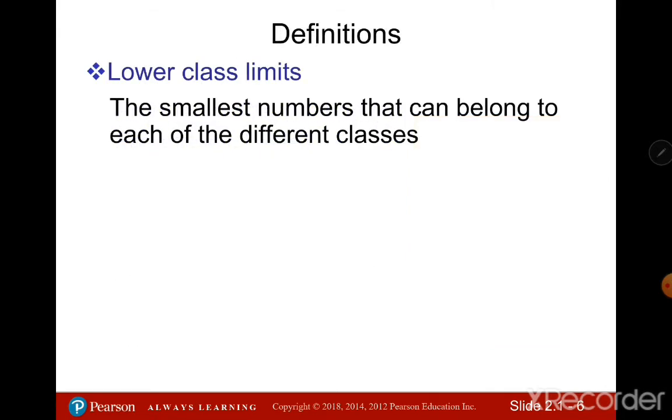Before we learn how to construct a frequency table, we learn some basic definitions first. The first definition is lower class limits.